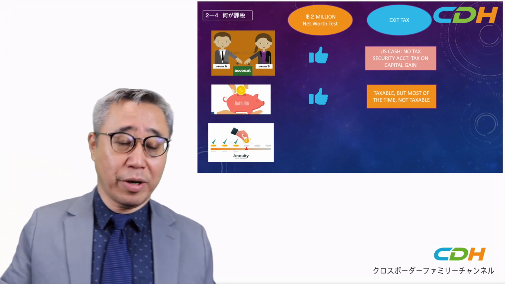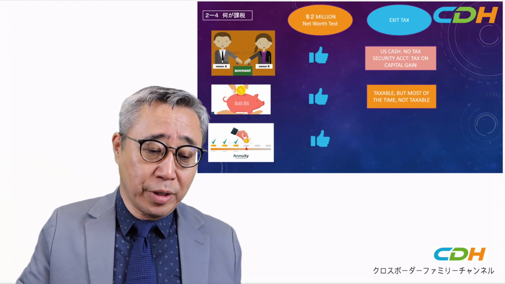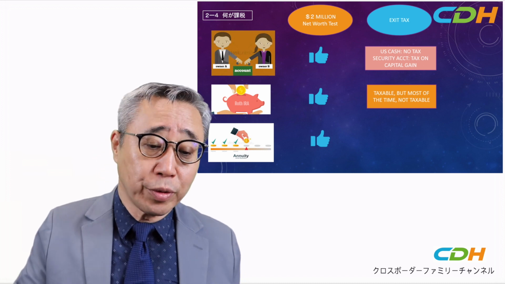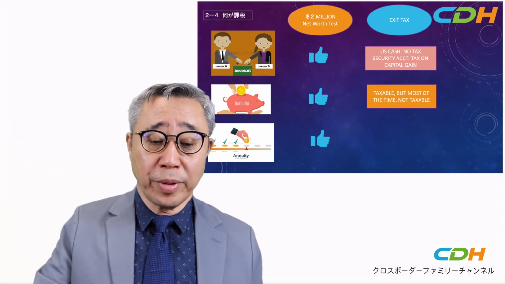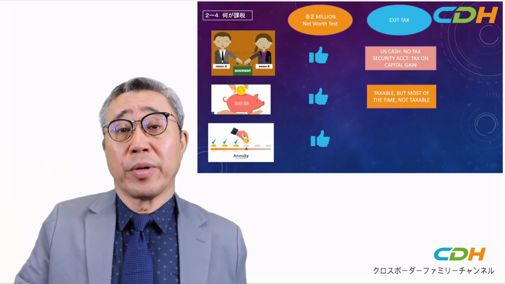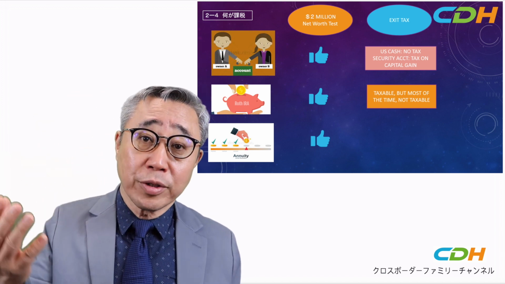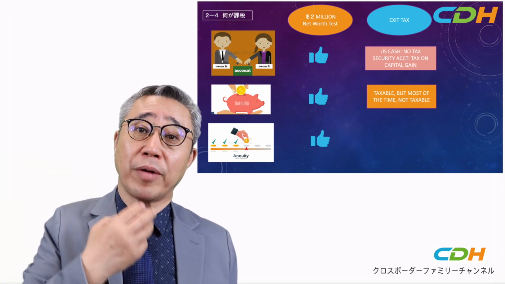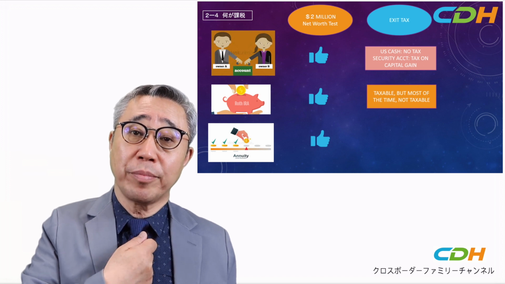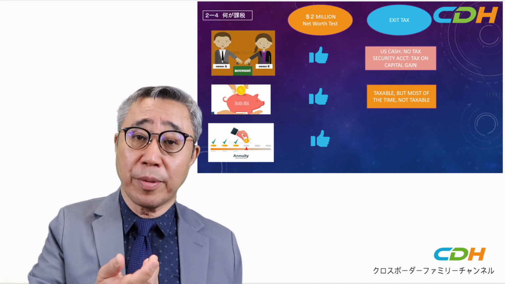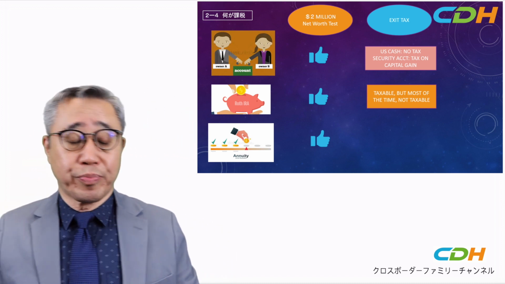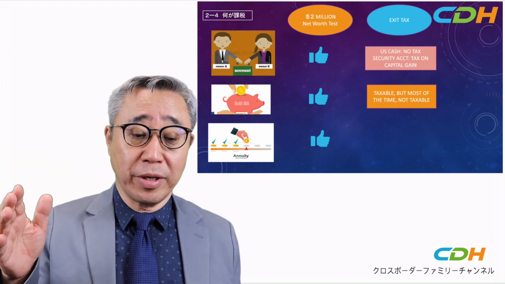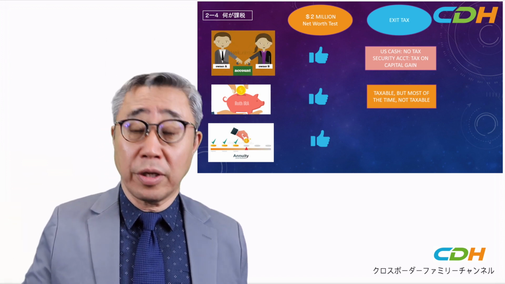Annuity. There are two types of annuity here. You must include your annuity in the $2 million net worth test, because most of the time, I think you give cash and you receive a contract from the insurance company that promises to pay you a certain amount. Okay, so it's an asset, and it must be included in the $2 million net worth test.